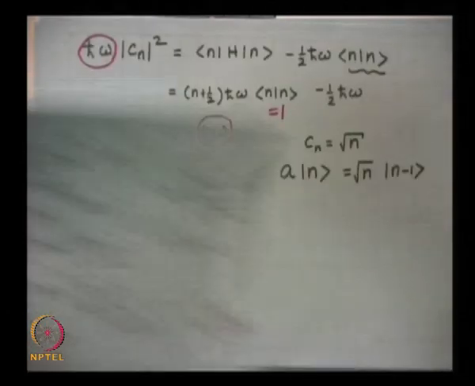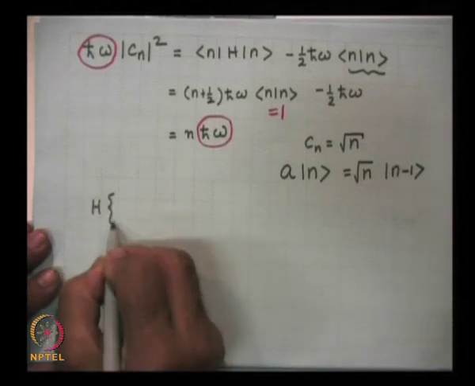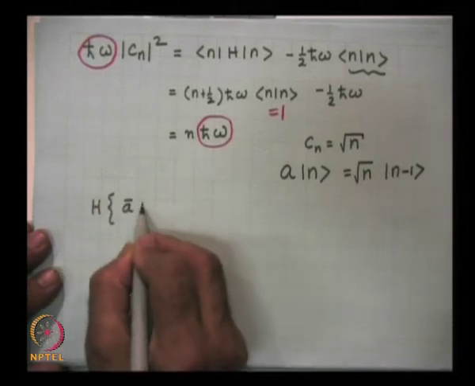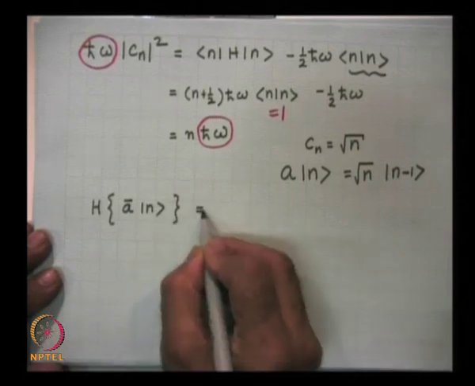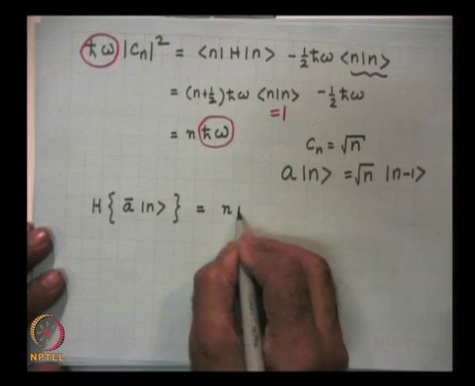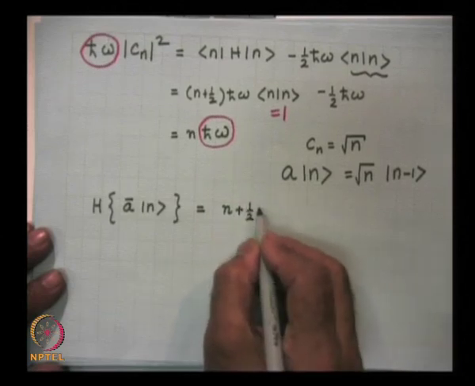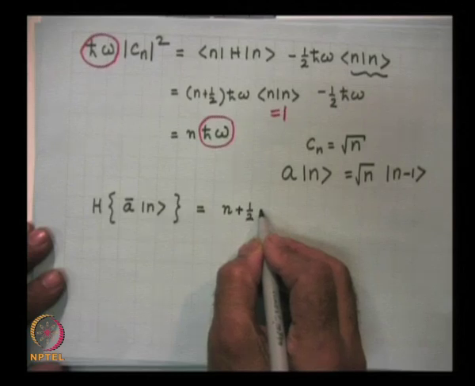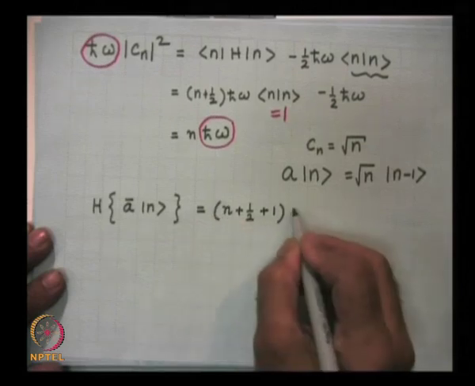So, therefore, we obtain that h operating on a bar ket n will be equal to h prime plus h cross omega, so this is n plus half plus 1 h cross omega.